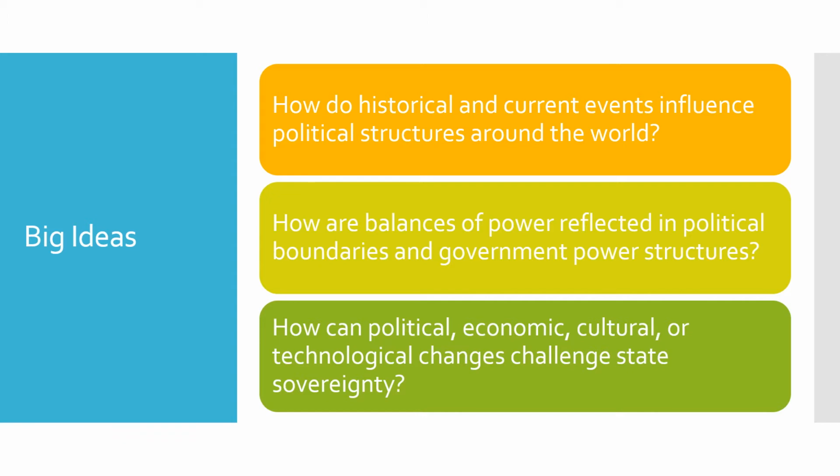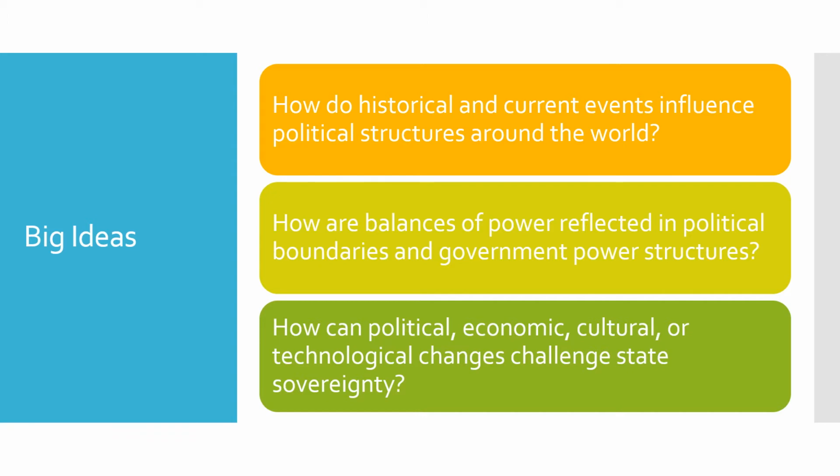All right, so just to review the big ideas for Unit 4, how do historical and current events influence political structures around the world? How are balances of power reflected in political boundaries and government power structures? And how can political, economic, cultural, and or technological changes challenge state sovereignty or power?